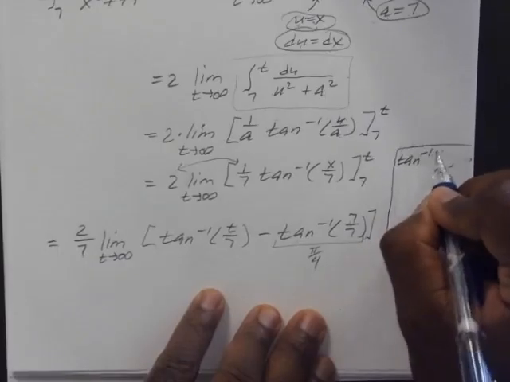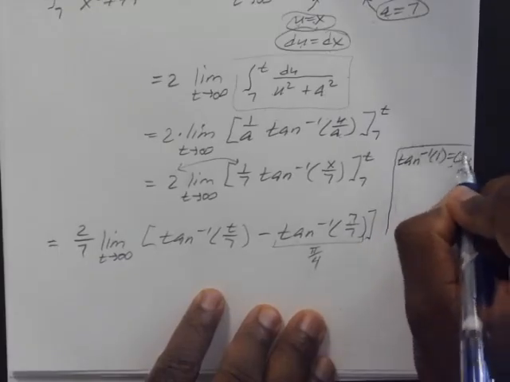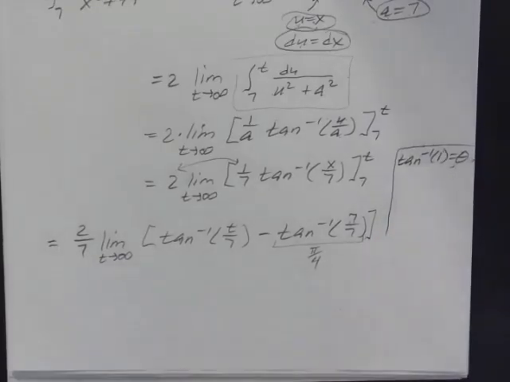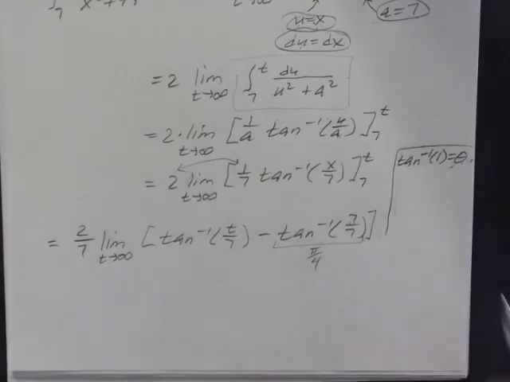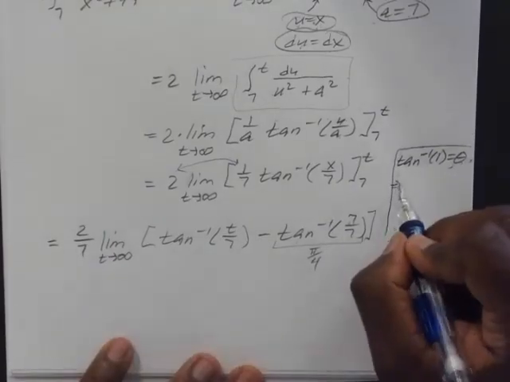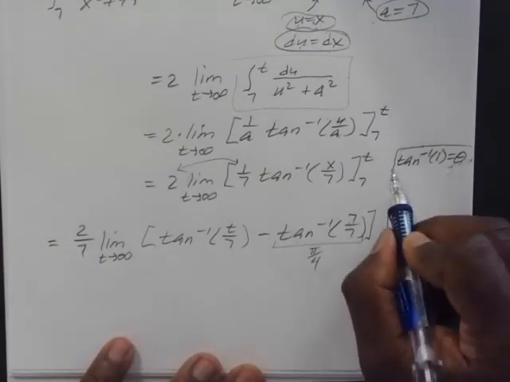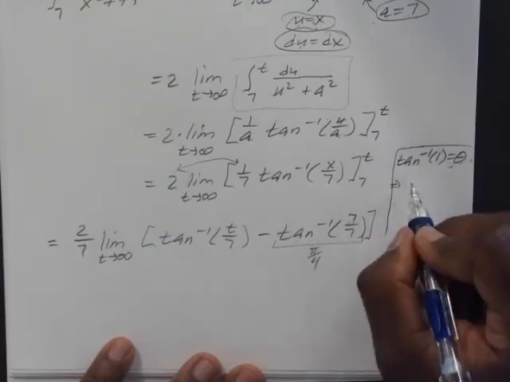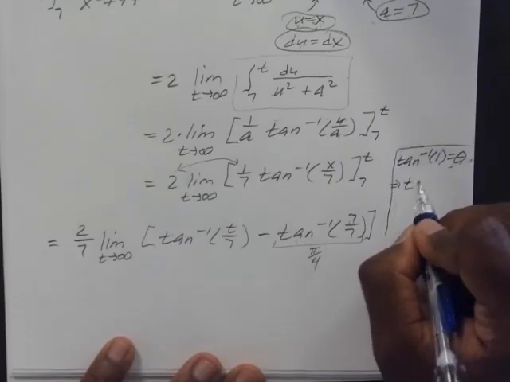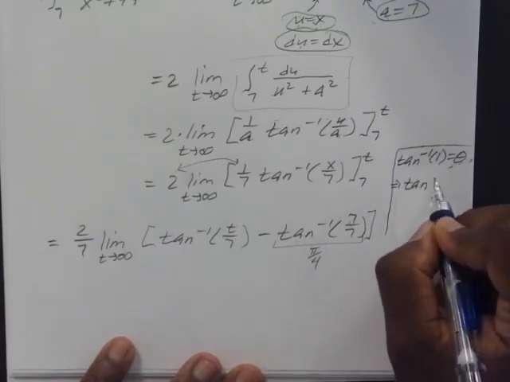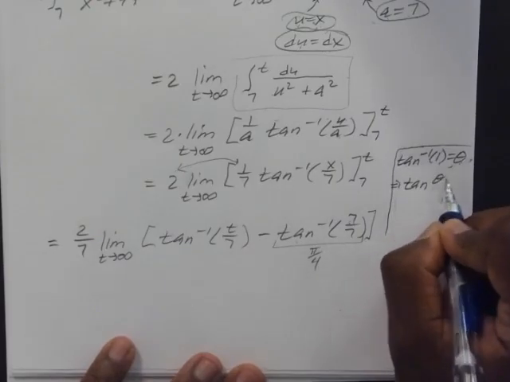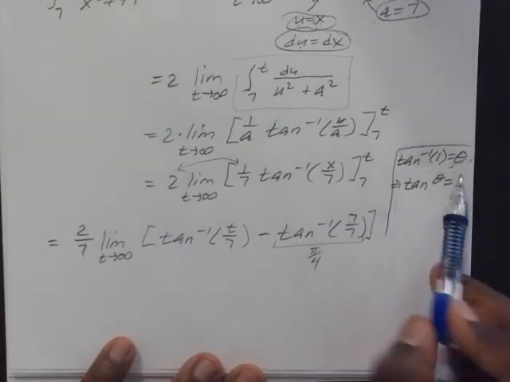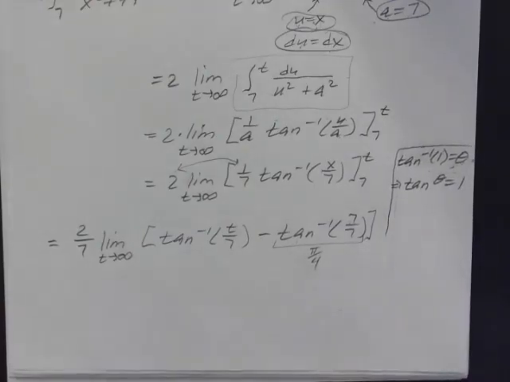So tangent inverse of 1 is equal to theta. Okay. So if we apply tangent to both sides, we know tangent of theta is equal to tangent of tangent inverse of 1, where we know the tangent and tangent inverse cancels out. So tangent of theta is equal to 1. Or you could say 1 is equal to tangent of theta. Completely up to you.